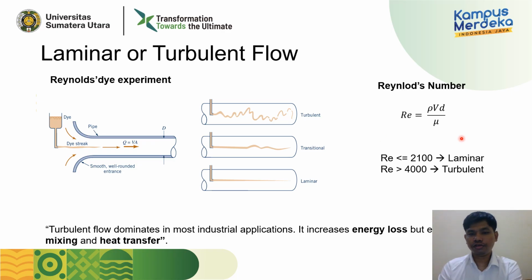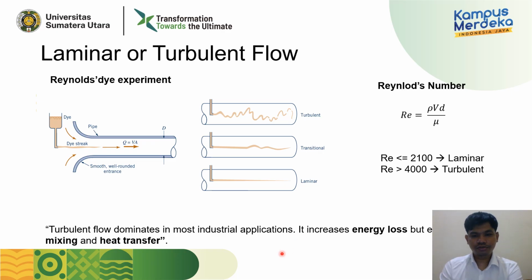That's what we call the Reynolds number. When we find the Reynolds number is smaller than or similar to 2100, we call it laminar. If it is above 4000, we call it turbulent. And between these two numbers, we call it transitional.